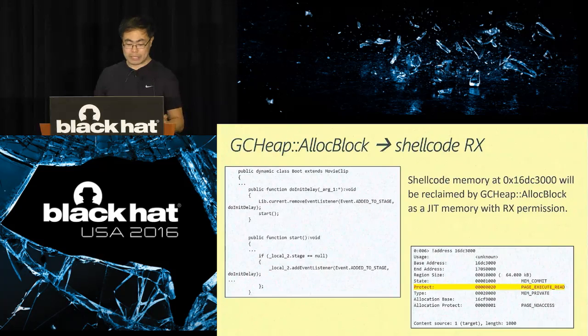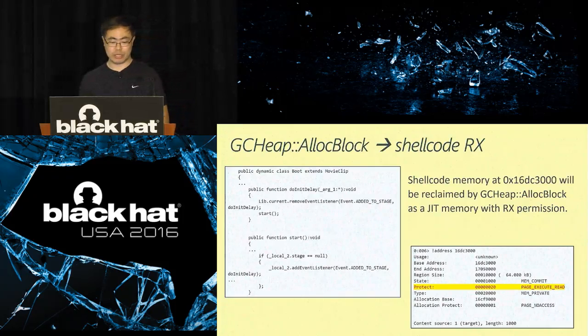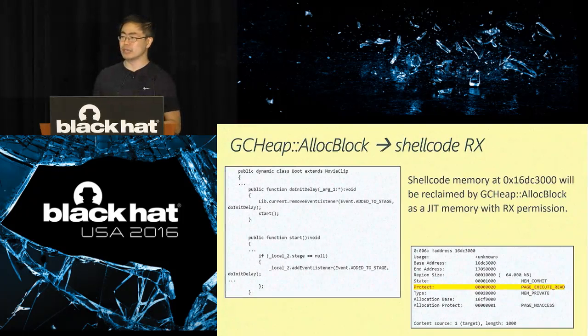And whenever this event handler, which is very short code, is called, the GC heap alloc block will actually try to allocate the JIT memory from this free list space. And it will reuse the byte array we allocated before, and it will change the permission bit to RX. So this is the technique they are actually using.